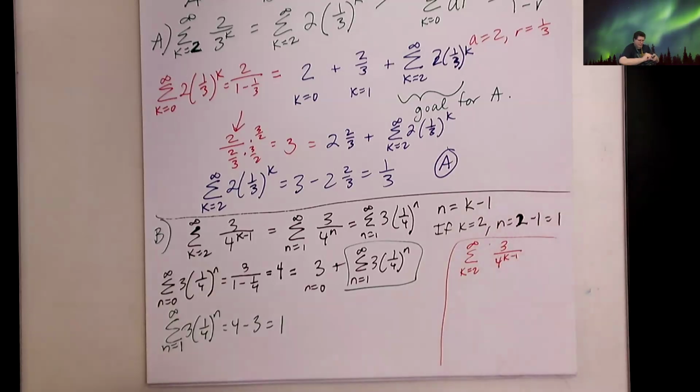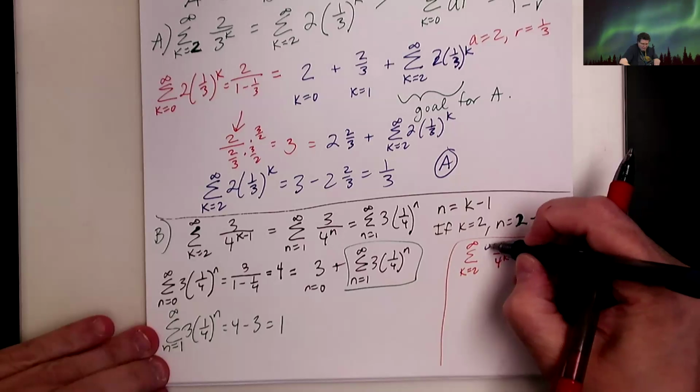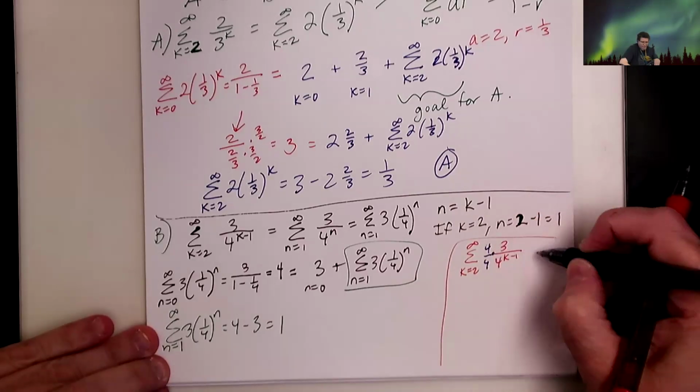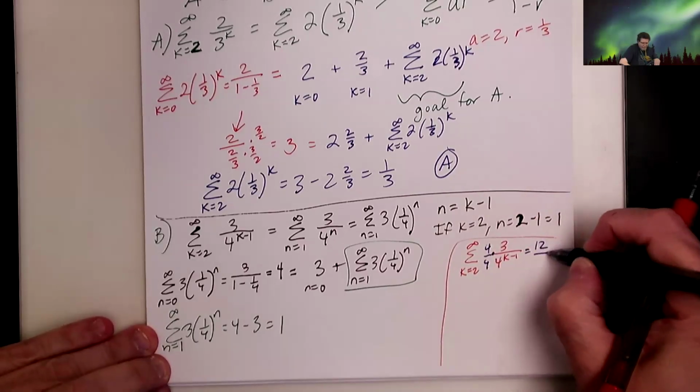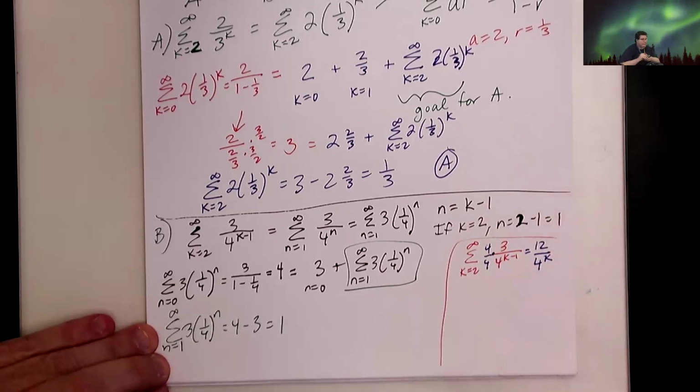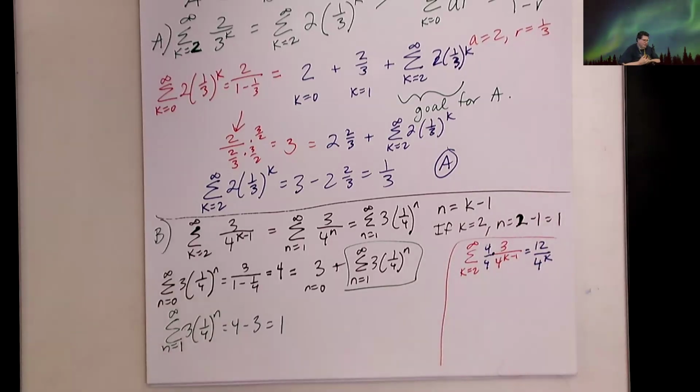If I multiply this by 4 over 4, I don't change the value, but it becomes 12 over the 4k. So you don't have to change the k away from k. And it should get the same thing. But we're doing k equals 2 to infinity here.